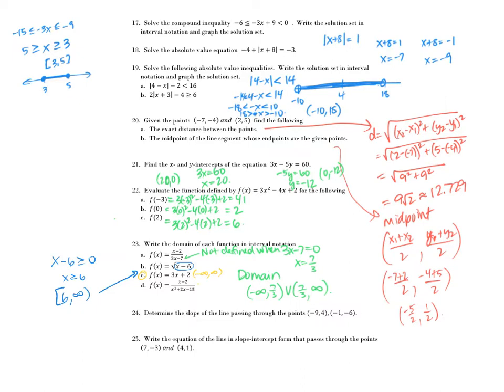Okay, this one, let's see if I can factor that denominator. So it looks like x minus 3, x plus 5 maybe. And so on this one, the domain is we have to throw out 3 and negative 5.